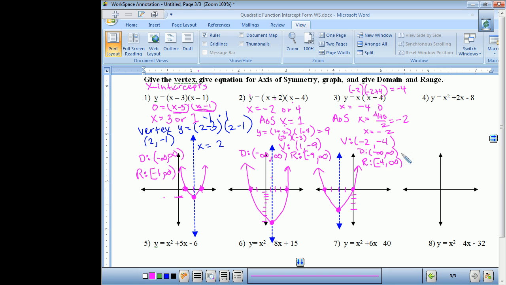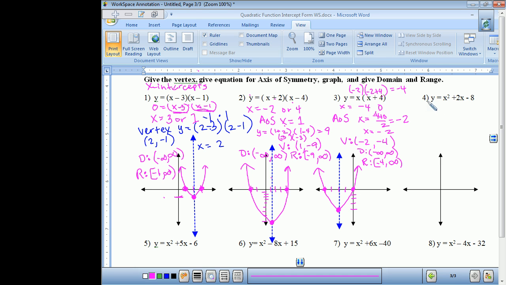But these parabolas can open up or down. And what would make it open down would be if this was negative. So today we're practicing all quadratics that open up, but they can open down, and we'll practice those later.